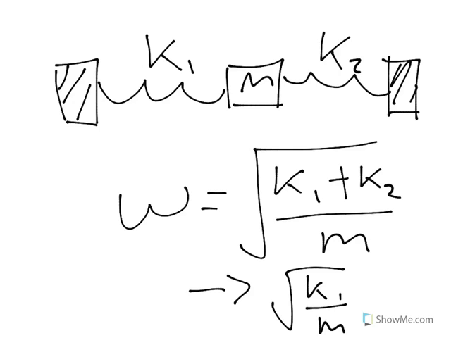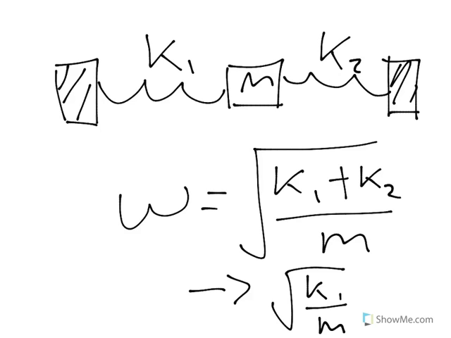If the spring constant K2 tends to 0, then we've got a system where we essentially only have one spring. And the expression goes to root K1 over m, which agrees with what we expect if we have a single spring. So that's an example of using limits and common sense to check whether you've remembered the equation correctly.